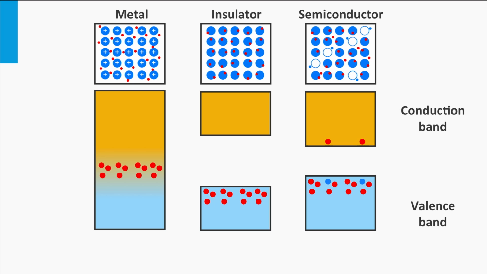Electrons in the conduction band are free and mobile and contribute to the conduction, just like the mobile electrons in a metal. The forbidden energy gap between the valence and conduction band is called the band gap. In this gap, no energy states exist which can be occupied by electrons.